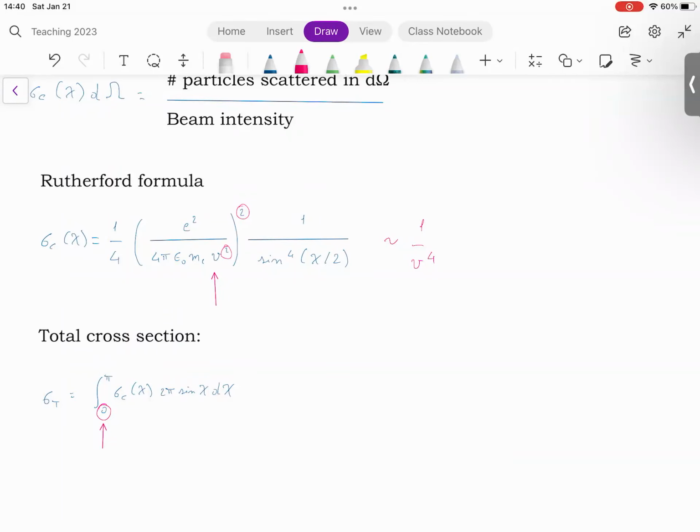And the closer the two particles are, the bigger the deflection is going to be, because the force becomes bigger, which means that for small impact parameter, I'm going to have large deflections.